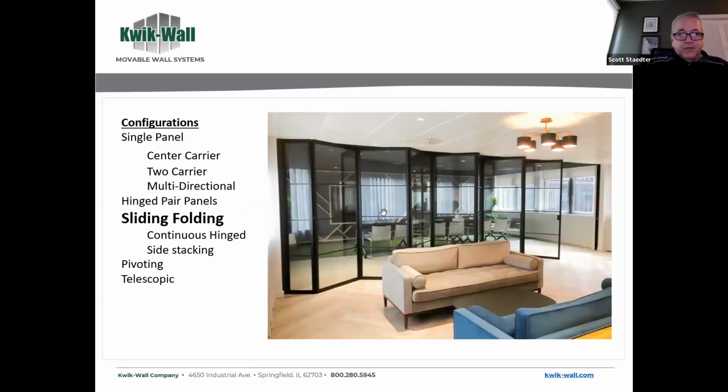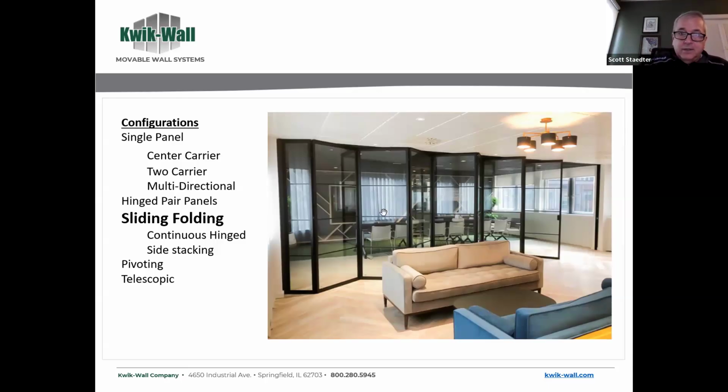You have the sliding folding, extremely popular now, driven by the exterior glass wall suppliers, all right, but it is becoming very, very popular from an interior standpoint. This is a continuously hinged system, all right, and so it's top supported, and you can pull it out, and then have individual little locks in the floor, so little floor bolts.